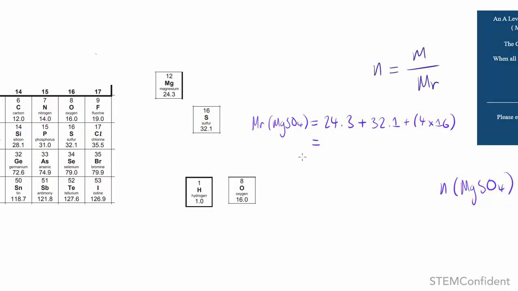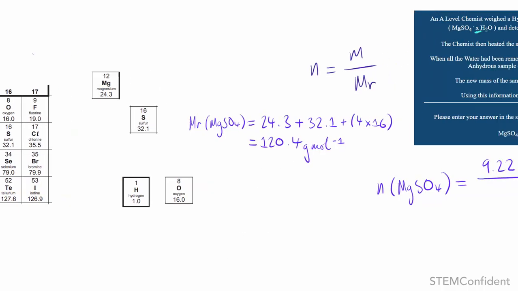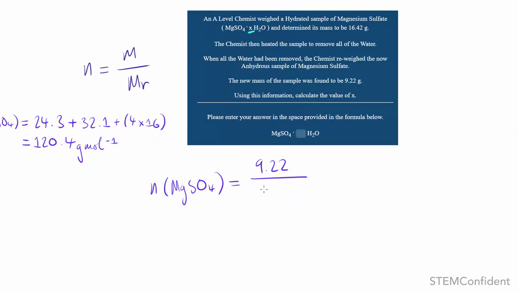And that is going to give us a value of 120.4, okay? And the units of that is going to be grams per mole. Okay, so 120.4, right?